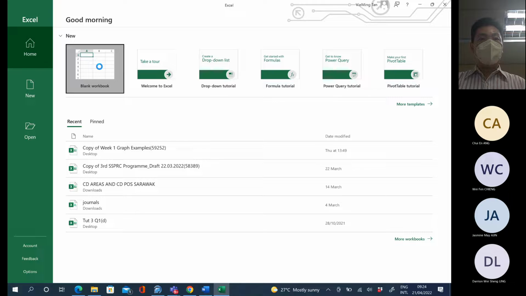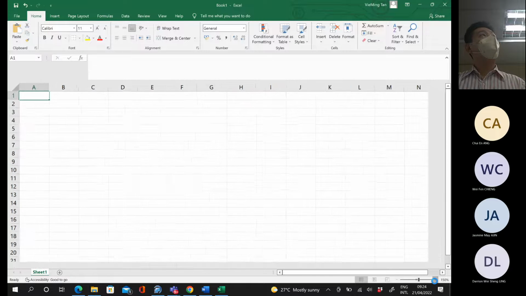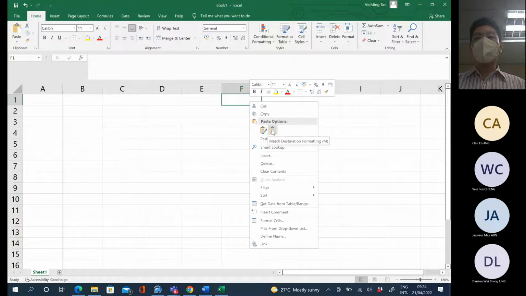Yes, I try to increase the size so that you can see. Okay, so probably I just simply paste the number into the Excel. Let's say I simply choose one cell. You may also simply choose one cell. Let's say I choose this one, and then I choose this paste.